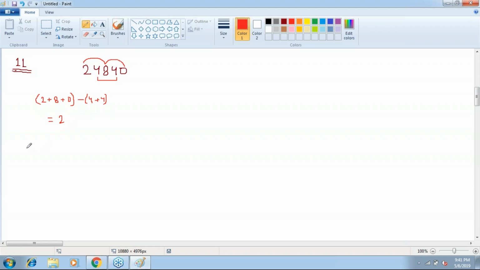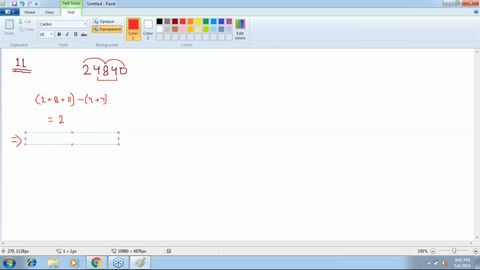So we say the remainder will be 2 when 24840 is divided by 11.